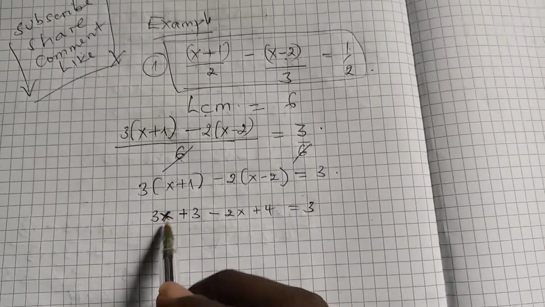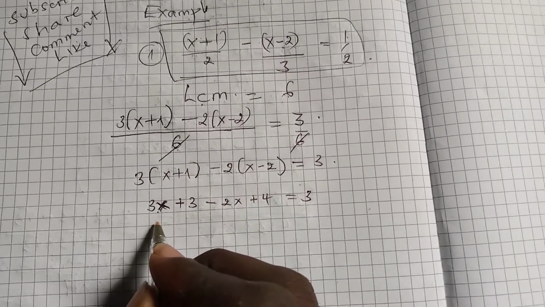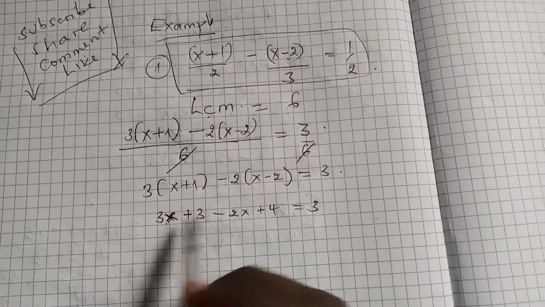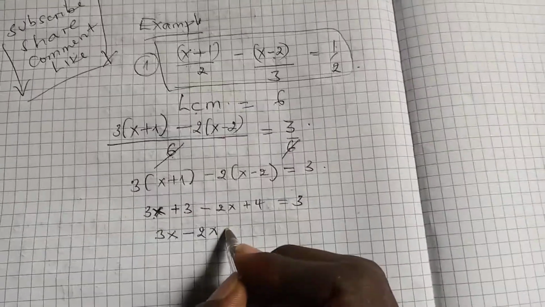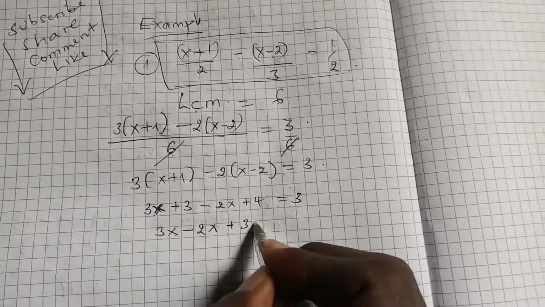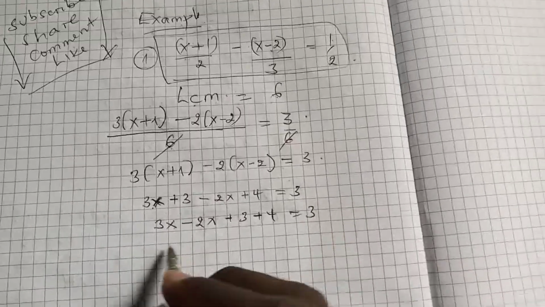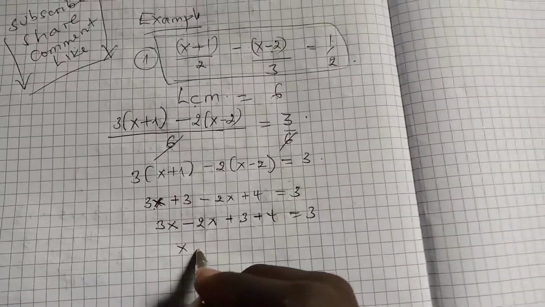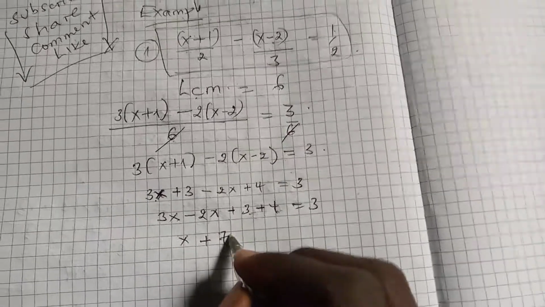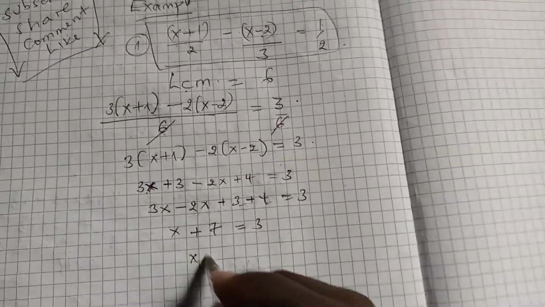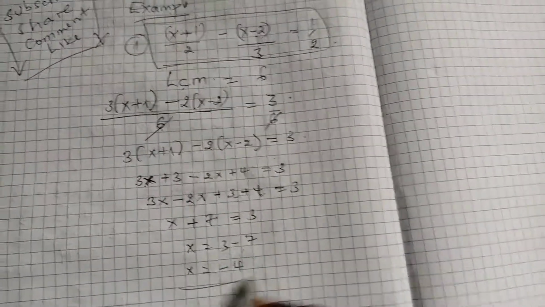Then here, collecting like terms together, 3x minus 2x, then plus 3 plus 4, which is equal to 3. Here will be equal to x plus 7, which is equal to 3. Then x will be equal to 3 minus 7, x will be equal to minus 4. This is the final answer.